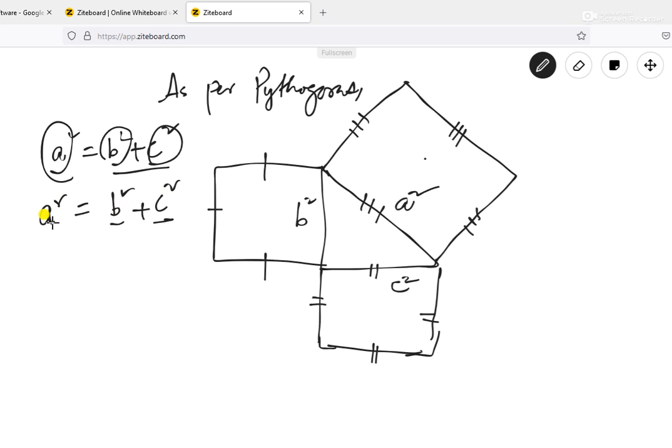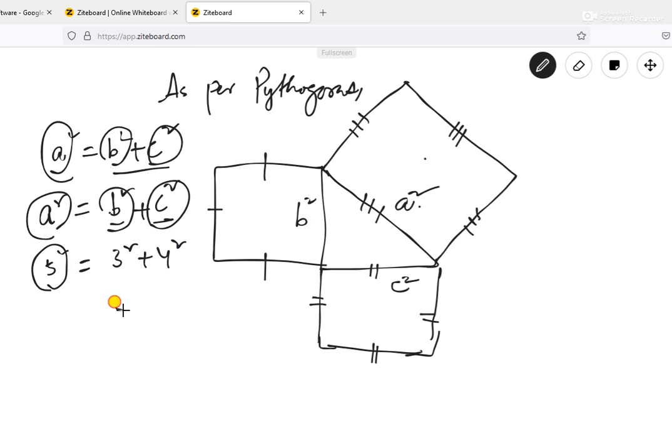When a single value is being divided into two parts, it is called resolution, or components. So when you write 5 square is equal to 3 square plus 4 square, these two are components of 5.